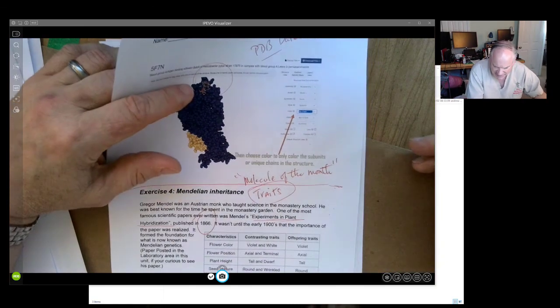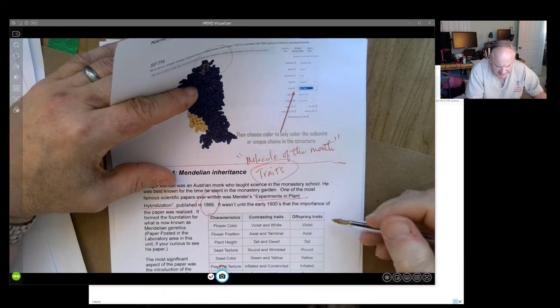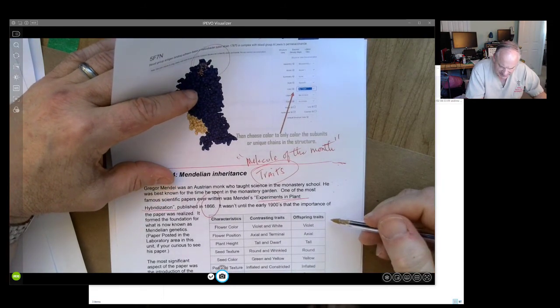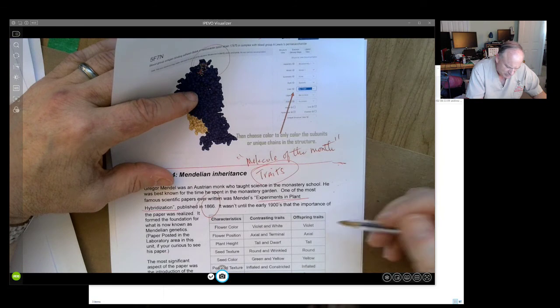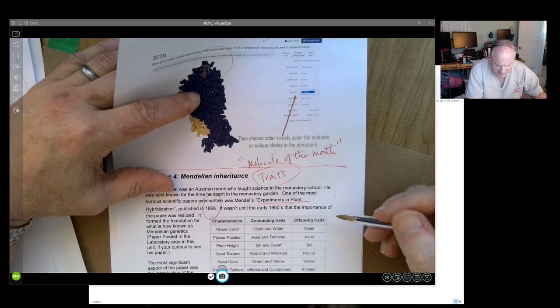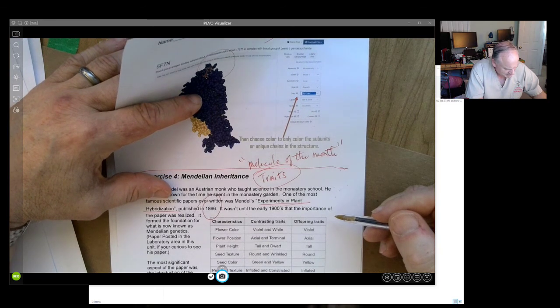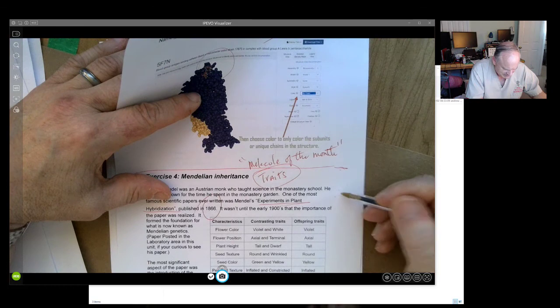All living things have traits or characteristics. And one of the skills that he obtained through his training and research was math. He looked at things from a mathematical perspective in terms of percentages, and that was really what he brings to the table.